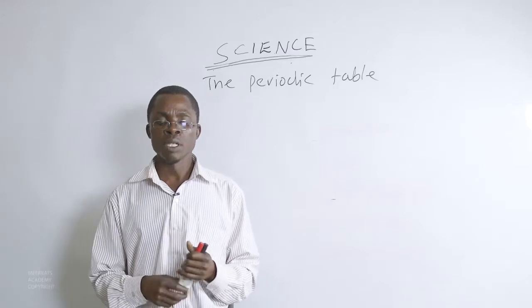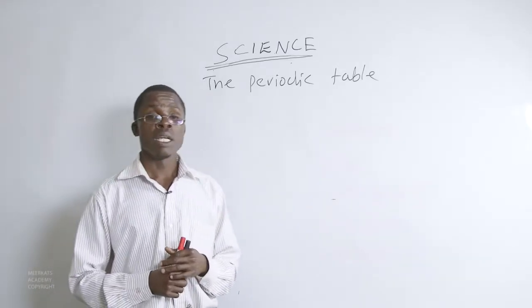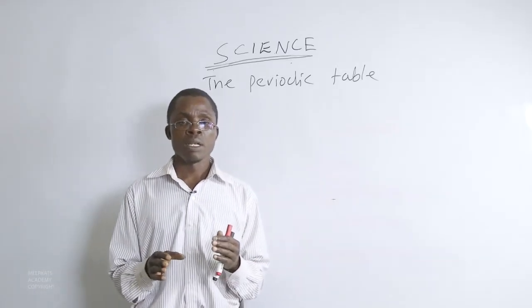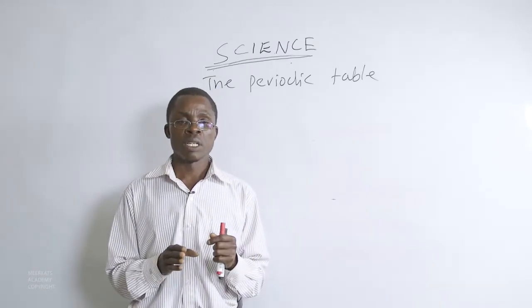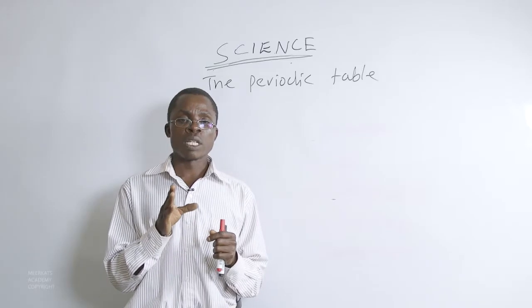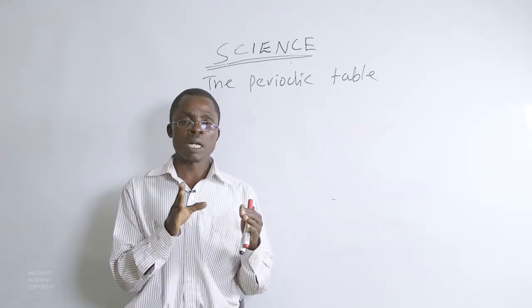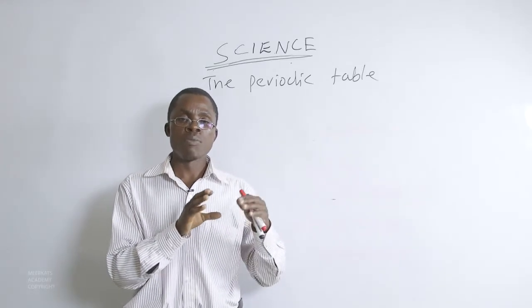So Mendeleev came in to arrange these elements in an orderly manner, that is in vertical and horizontal lines, so that you categorize these elements as per how they behave.